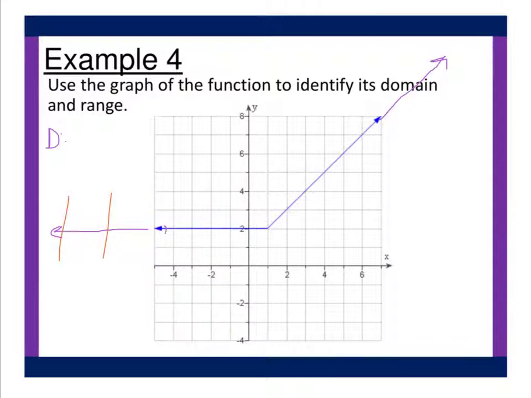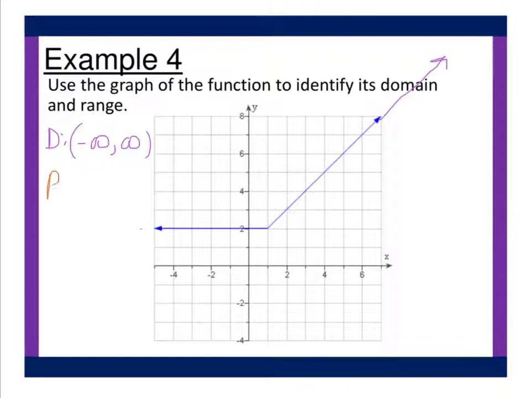They continue going to the left because of that arrow, and they also continue going to the right, because this is going up and to the right. That means my x's will continue. I would continue being able to travel this way forever and ever. So our domain is actually all real numbers, since nothing is stopping our graph in either direction, left or right, and we write that in interval notation as -infinity to +infinity.